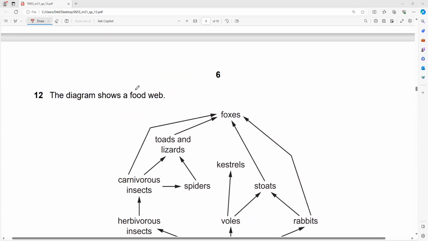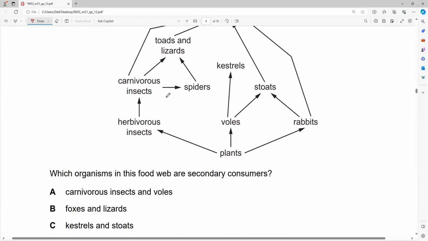This is our environment. The diagram shows a food web. Now, which organisms in this food web are secondary consumers? Secondary consumers means what, guys? Anybody? Who are the secondary consumers?